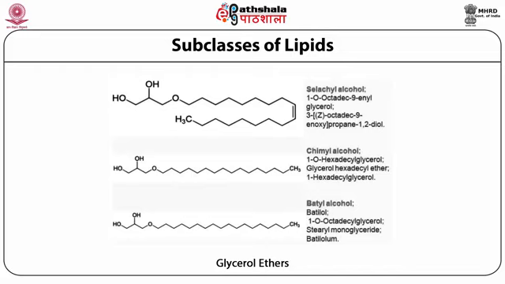The examples which are given here are selachyl alcohol, chimyl alcohol and batyl alcohol. Please note that the remaining two OH groups are free in these compounds.